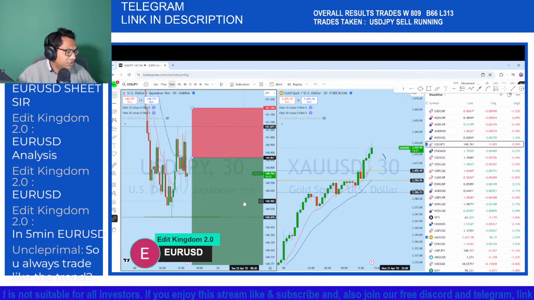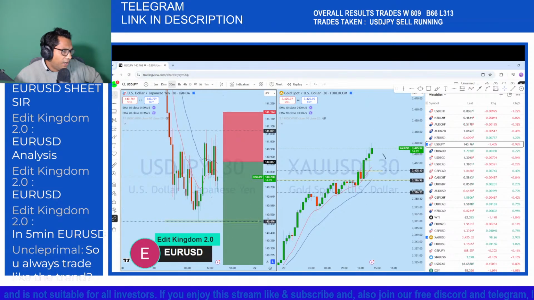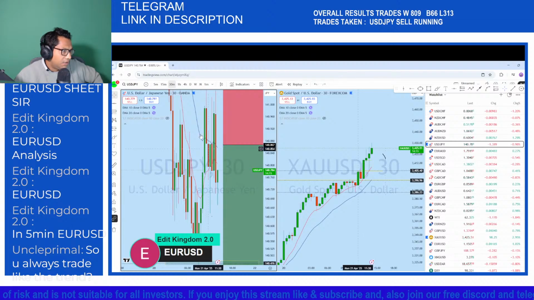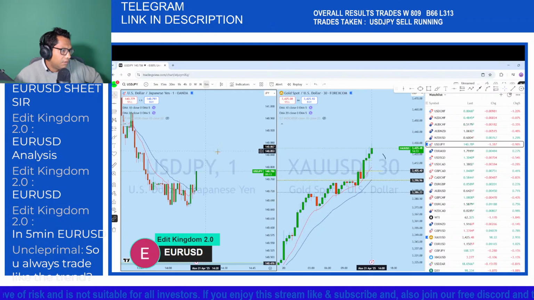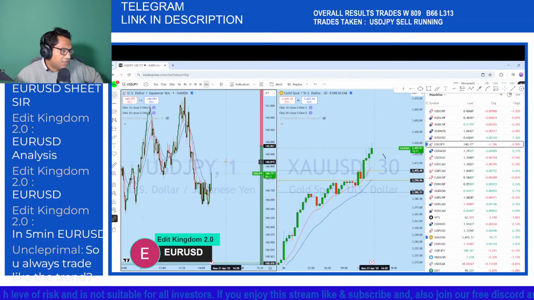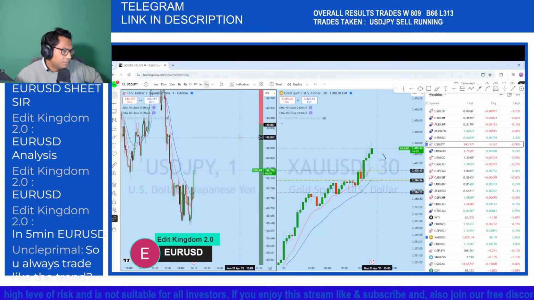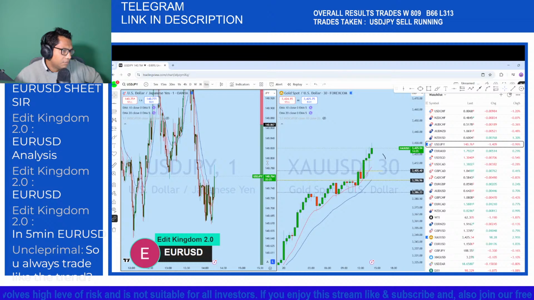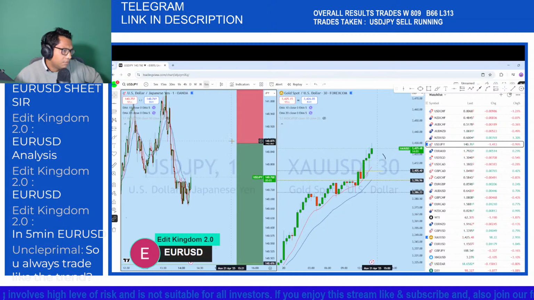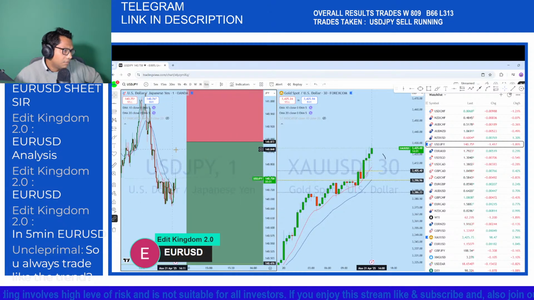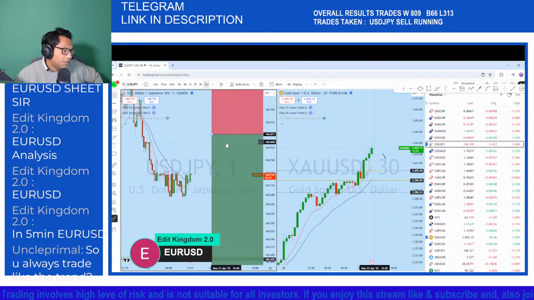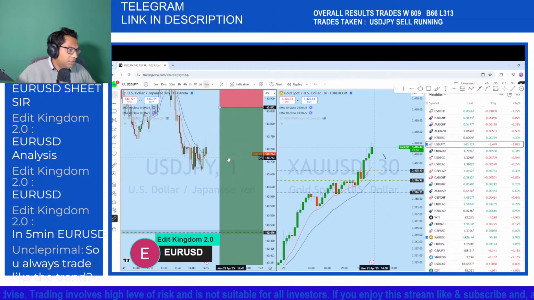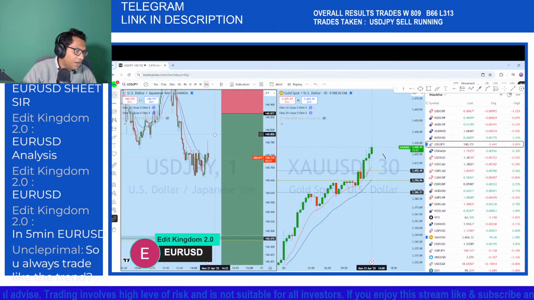You can see this is where the market getting a reaction to the upside. There's a long wick, and so now it has made the false breakout on dollar yen.